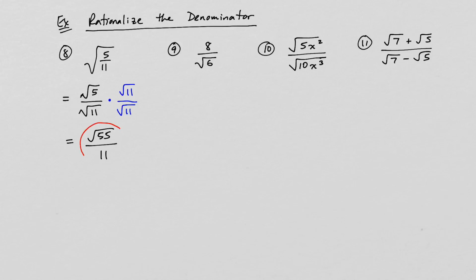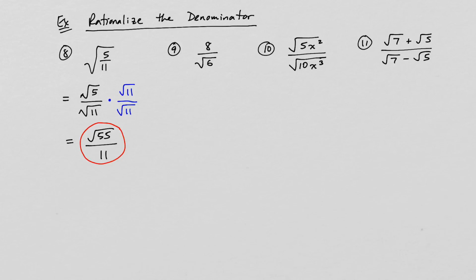And so this is the simplified radical because, again, all the conditions are met. Notice that we have no fraction inside of our radical. We have no radical in the denominator. And 55 is actually as small as possible. There are no factors of 55 that are perfect squares, and so we cannot simplify this. So this is the simplified radical.